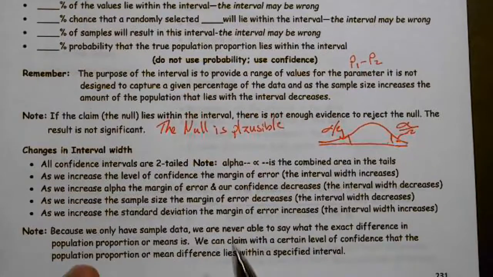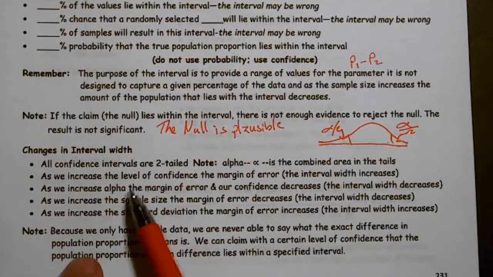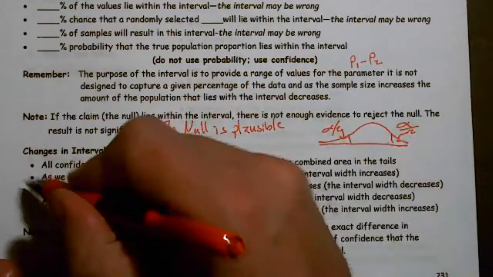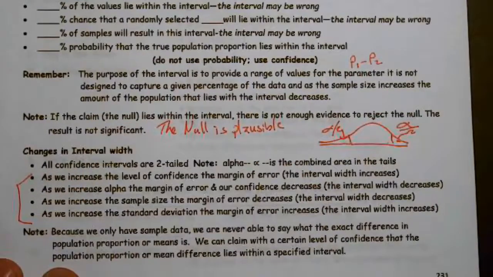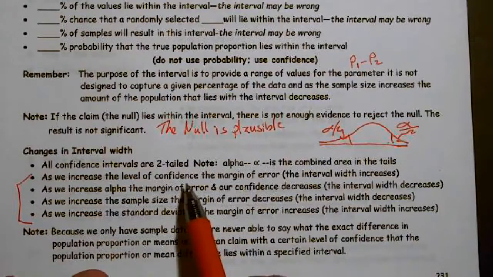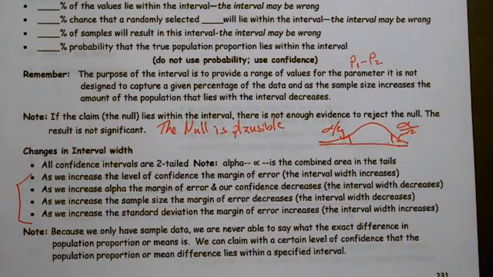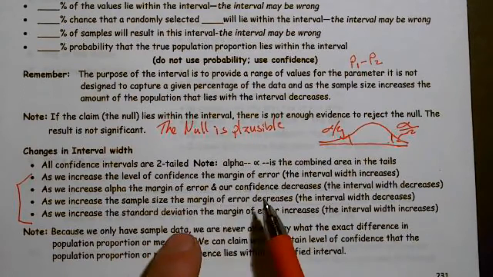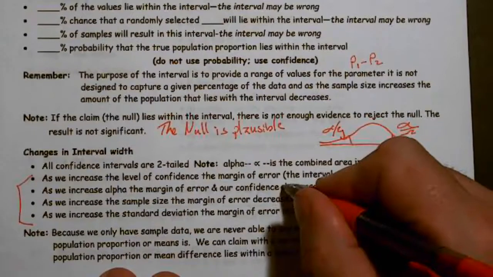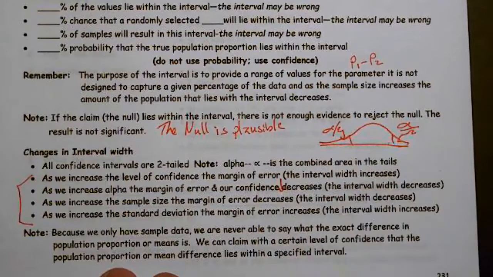I'm just going to tell you, this is extremely important in regards to multiple choice questions. Please know the way the interval changes. As we increase the confidence level, the margin of error increases and the interval width increases. As we increase alpha, the margin of error and our confidence interval goes down.